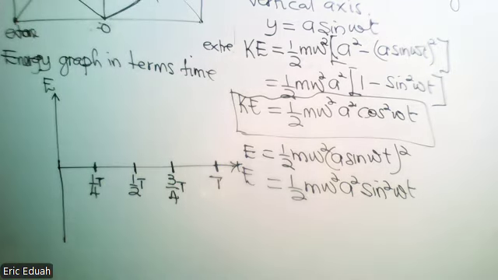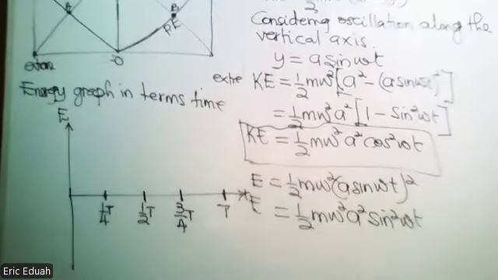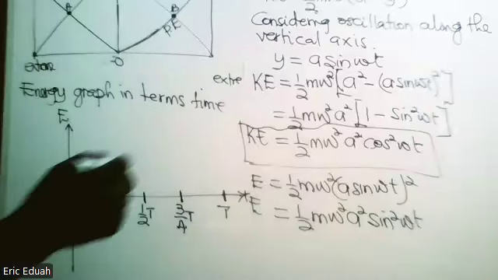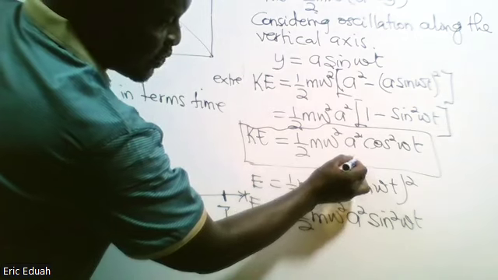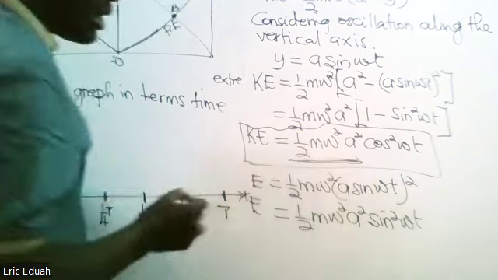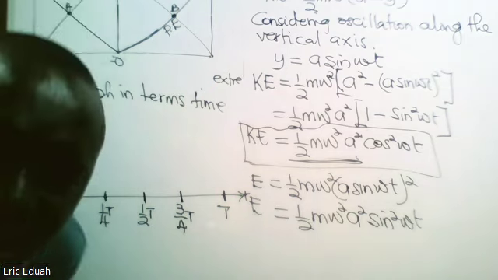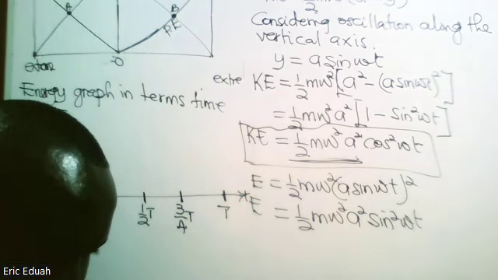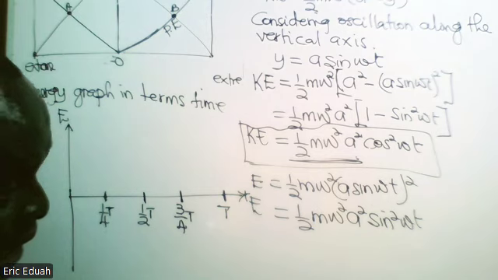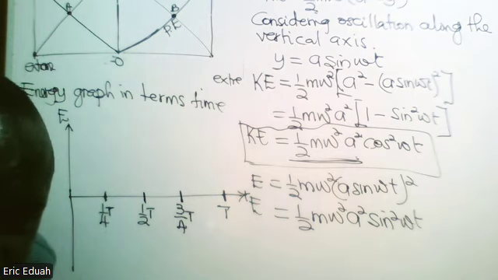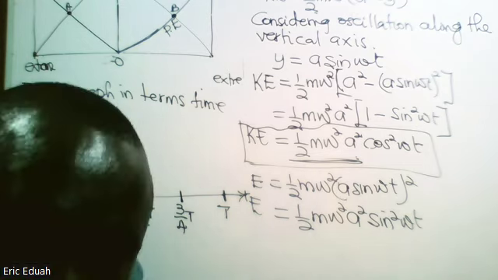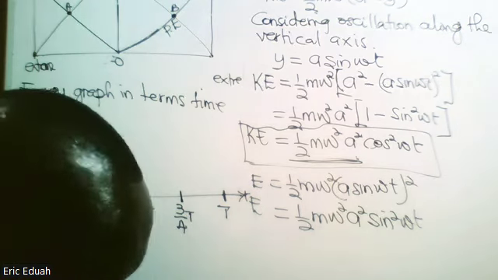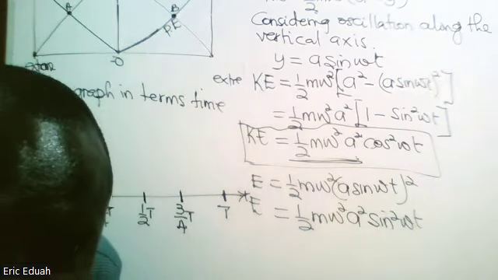Let's plot the kinetic energy first. Now this value, the coefficient to a trig or cosine function, is always known as the what? What name do we give to it? Amplitude.